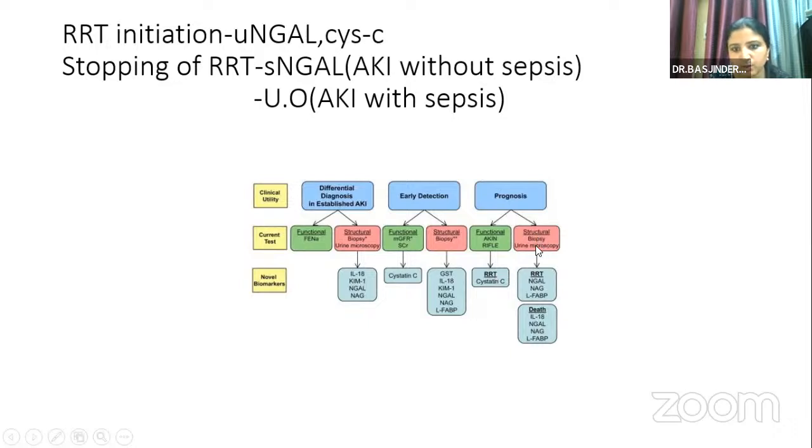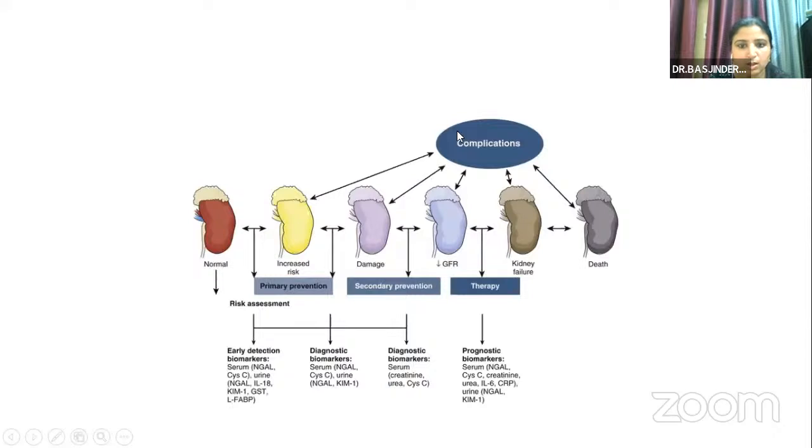And in structural prognosis, after we have done the biopsy and urine microscopy, the biomarkers relevant to mortality are NGAL, interleukin 18, and FABP. And also, as I discussed, initiation and stopping of RRT decisions can be taken with the help of biomarkers. So again, this is the normal kidney, here is the increased risk where you have to do the primary intervention.